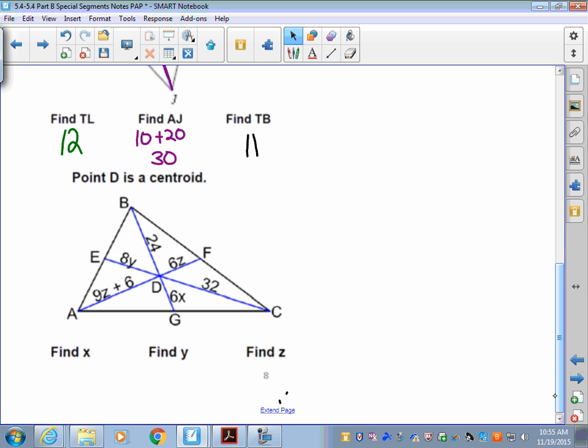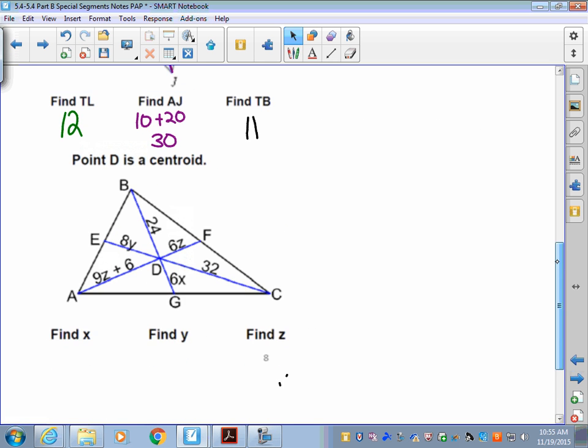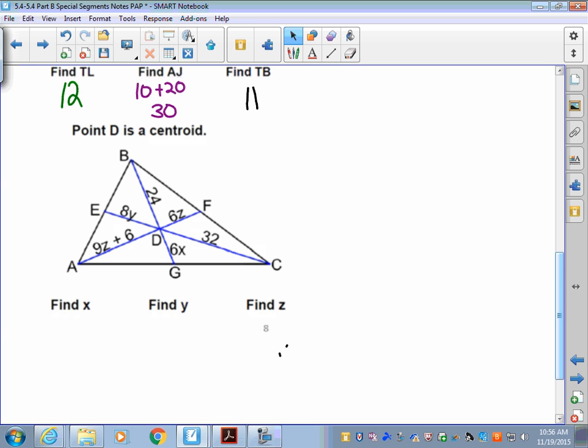All right, so here we go. D is the centroid. They want us to find X. The variable X is on what median? B to G. So that's what we're going to find. Where is our 2 to 1 on B to G? 24 and the 6X. So how are we going to solve for X? You could do 1/3 of 24 to get to 6X.